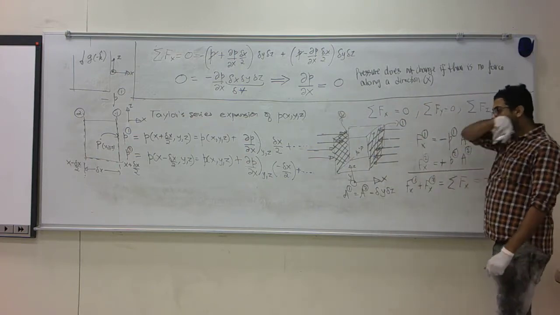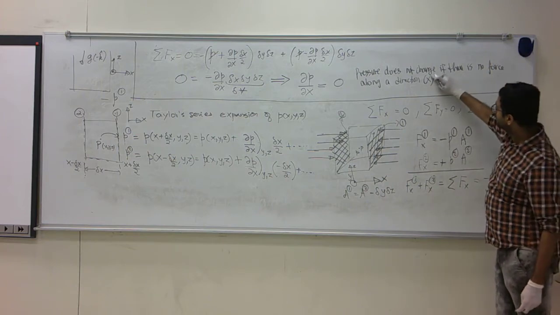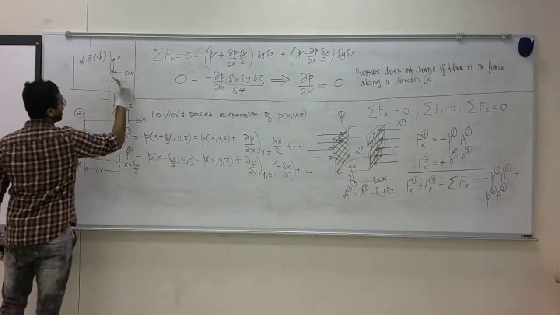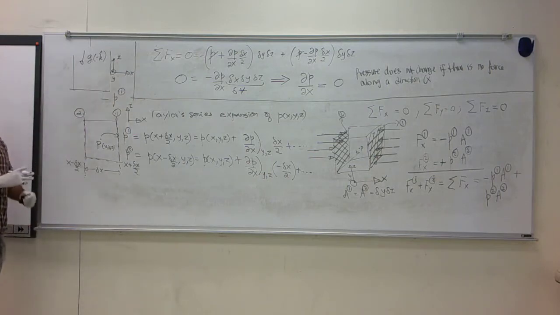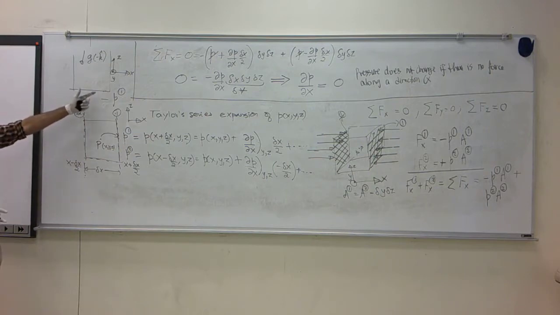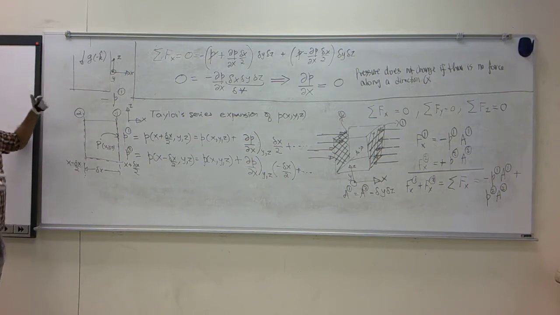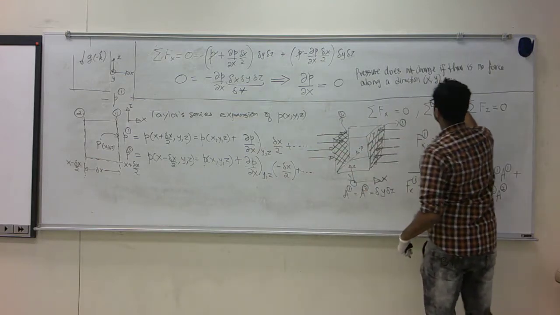You can apply the exact same argument for the y direction, because I wrote this as x, this as y. If I switch the label, nothing changes. It's the exact same argument with a different symbol. So x and y are interchangeable directions. You can't distinguish if I make a change. So it's the same argument for x and y.